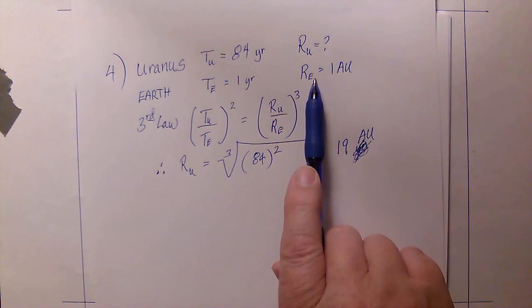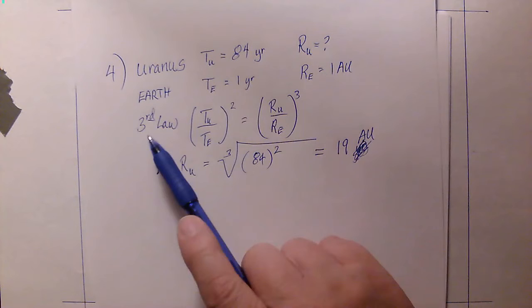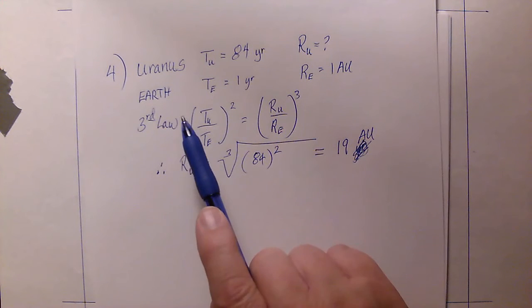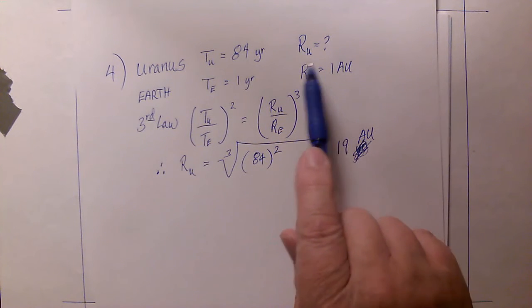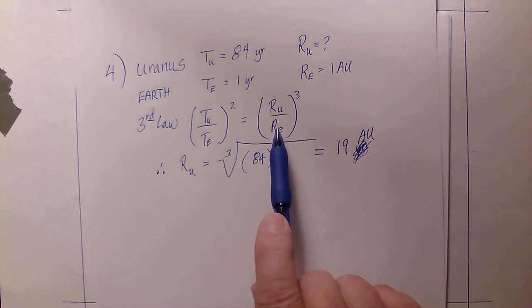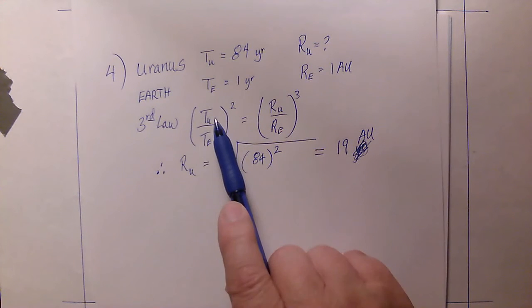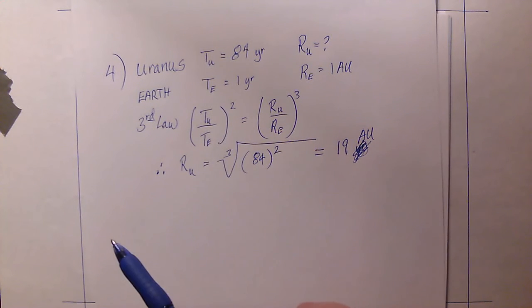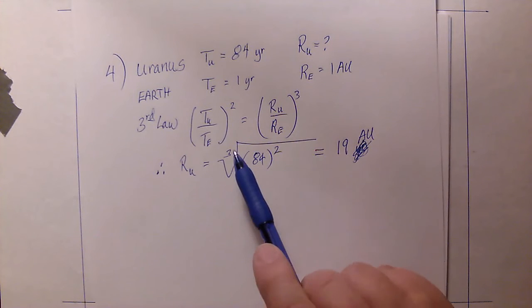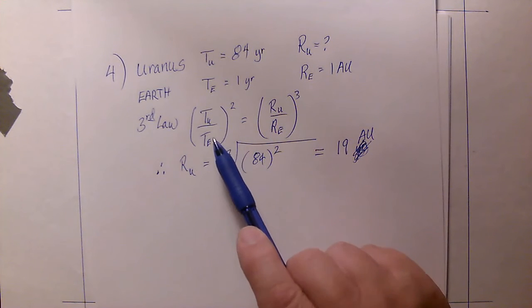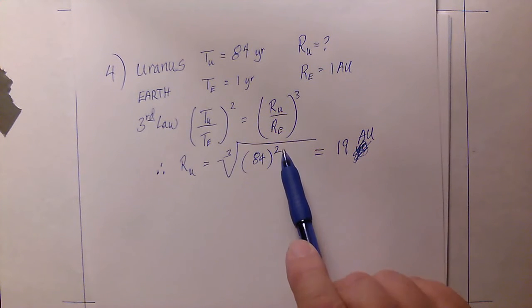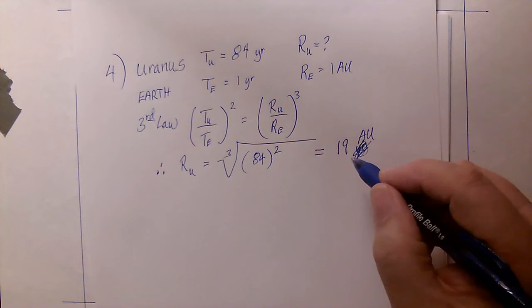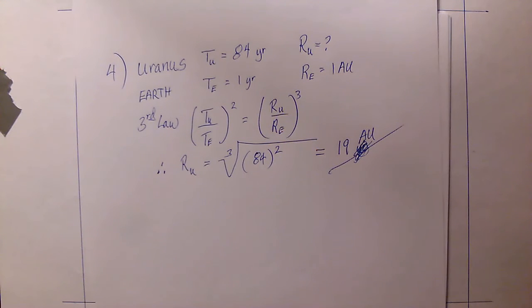The orbital radius for the Earth is 1 AU. So substituting third law, what you don't know in the numerator: RU over RE quantity cubed is TU over TE quantity squared. So we take the cube root of TU over TE, which is 84, quantity squared, and I get 19 AU.